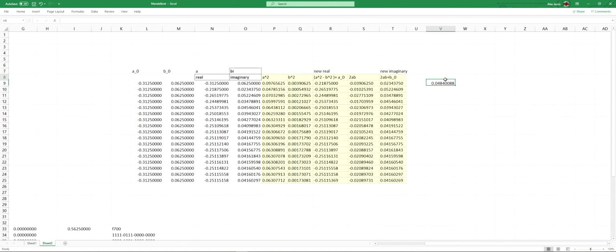There we go. And now we can check if that is greater than 4. So if that number ever gets greater than 4, it will blow up. So all we have to do is now stack that down, and you can see that this number never blows up. This number, in fact, stays flat.